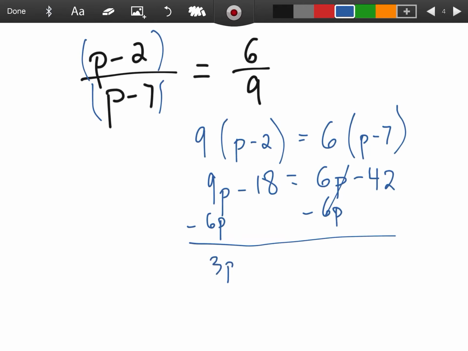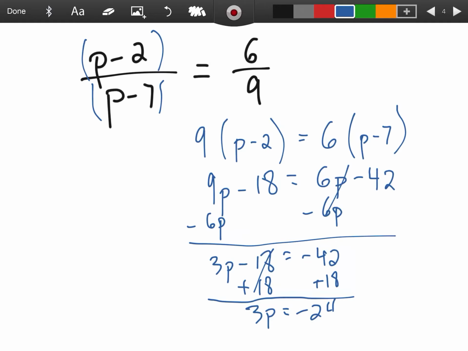That gives me 3p minus 18 is equal to negative 42. I'll add 18 over. So I add 18, I get 3p is equal to negative 24, and I'll finish it out by dividing by 3. That gives me p is equal to -8.